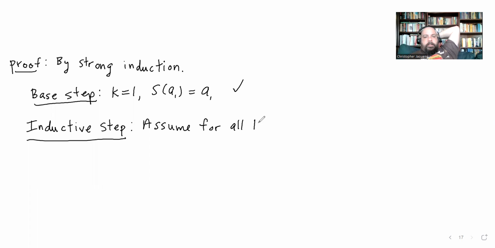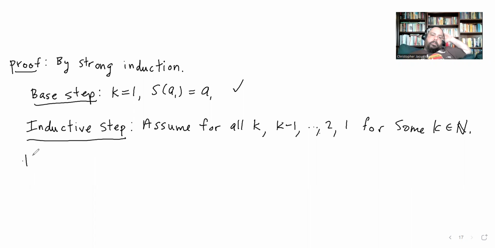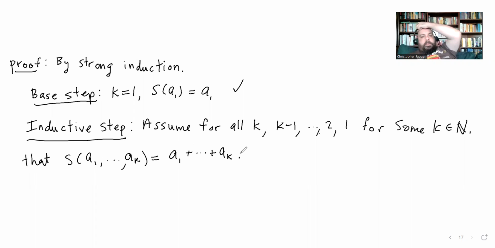So for all k, let's say k minus 1, all the way down to 2, 1, for some k in N, that S of a1 through ak is equal to a1 plus dot dot dot ak. All right, so that's the inductive hypothesis.